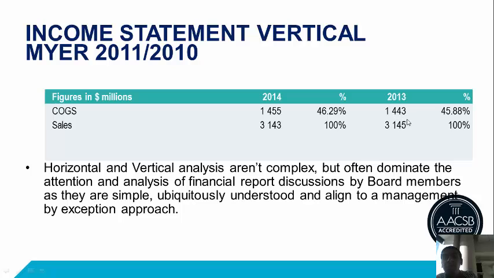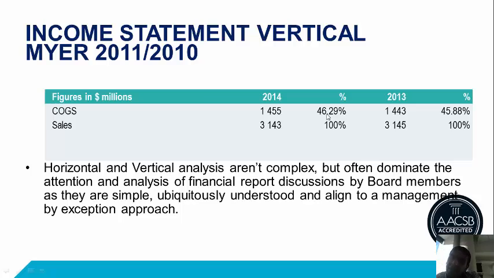In 2014, cost of goods sold divided by sales was 46.29%. The cost of goods sold percentage has increased ever so slightly from being 45% of revenues to 46% of revenues.